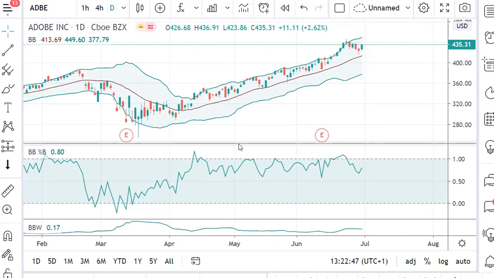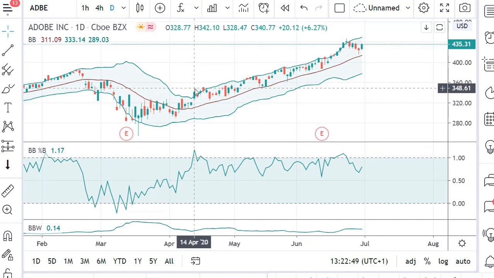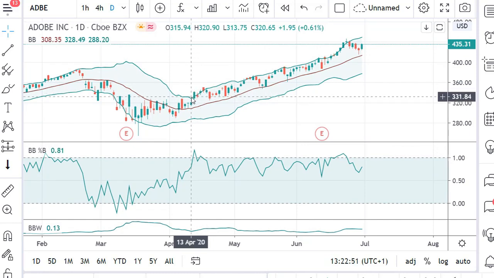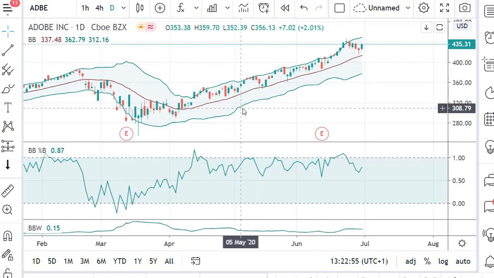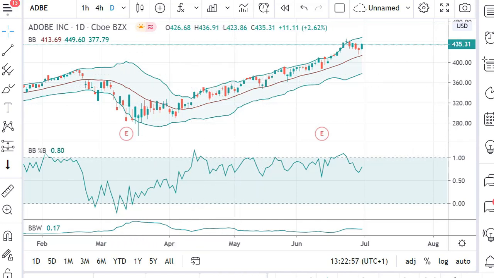And what that tells us is where the price closes compared to the Bollinger Band. So imagine that each and every point on the upper and the lower Bollinger Band is being drawn as two parallel lines here. So this is the upper Bollinger Band, this is the lower Bollinger Band.